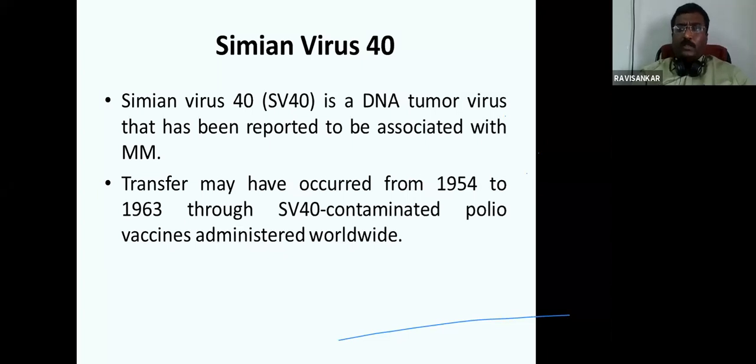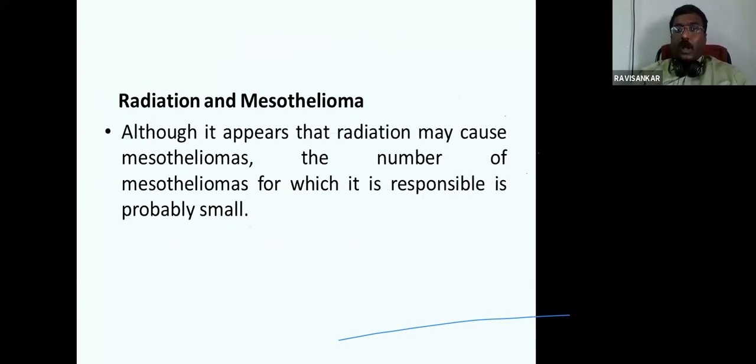Previously, in the 1950s to 1960s, when the polio vaccines were administered from the rhesus monkey, there had been reported cases of malignant mesothelioma. Also, there is a risk factor associated with radiation, particularly for the lymphomas, Wilms tumors, or mantle cell radiation that had happened in the past. But major proportion are due to the asbestos.